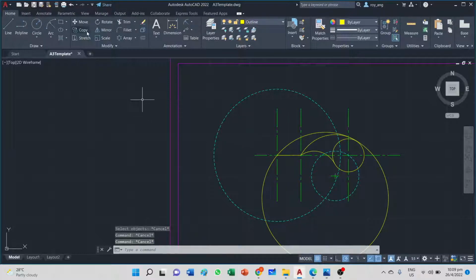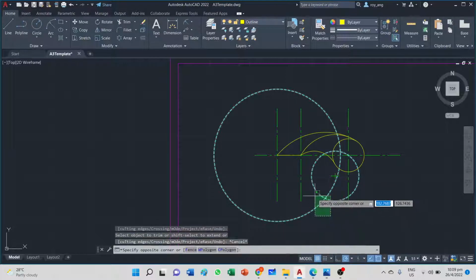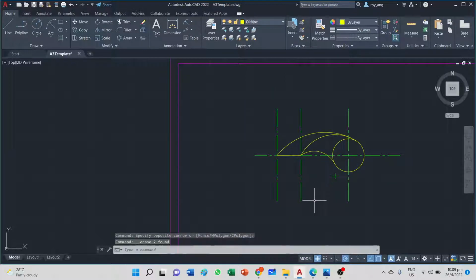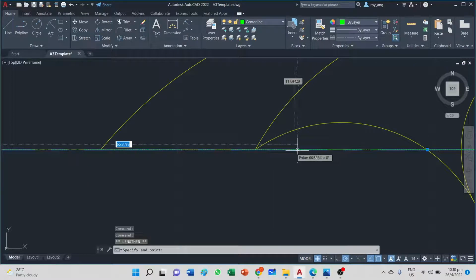Sorry, let's trim again. Okay, then what we do is we start to delete this, and we don't need the construction lines here, and what we do is we lengthen and we drag and we zoom in, and the center line ends somewhere along here.